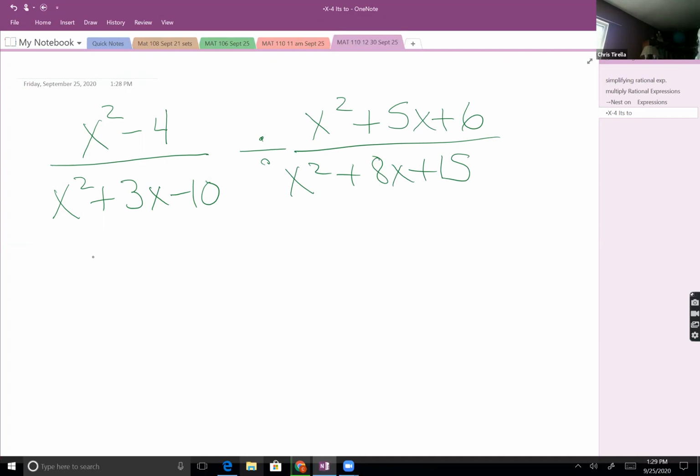Again, it's a division problem, so we're going to leave that first fraction alone. We're going to change the division into multiplication, and then we're going to take the reciprocal of that second fraction.